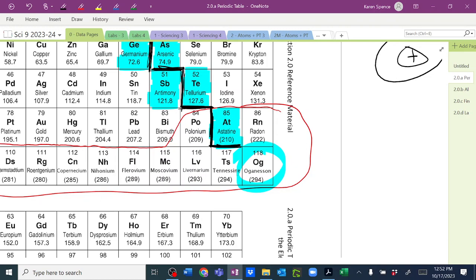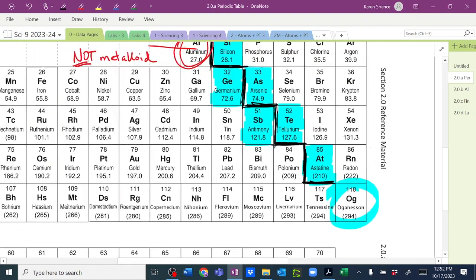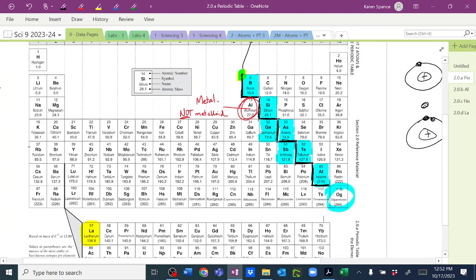And if you're missing stuff there, it just doesn't matter. Now, those are our metalloids. Oop, I forgot polonium. However, polonium's far enough down that I won't ask you about it.